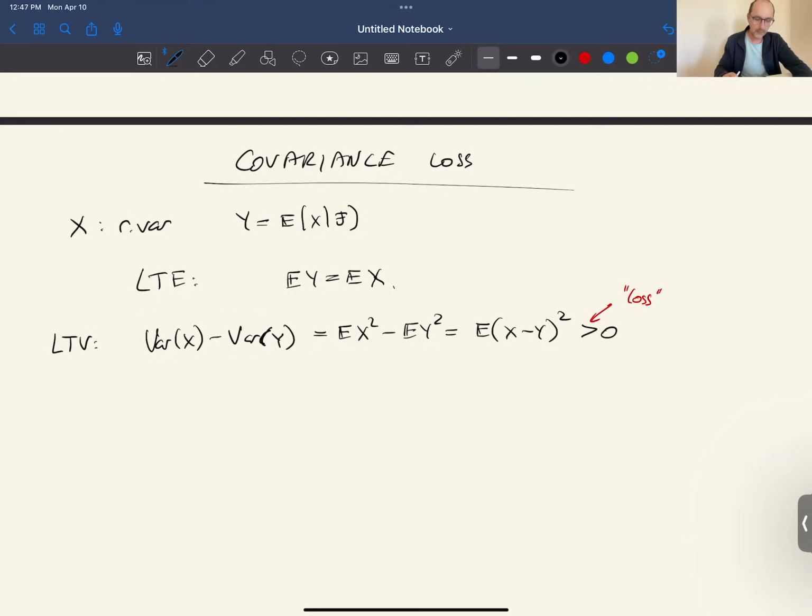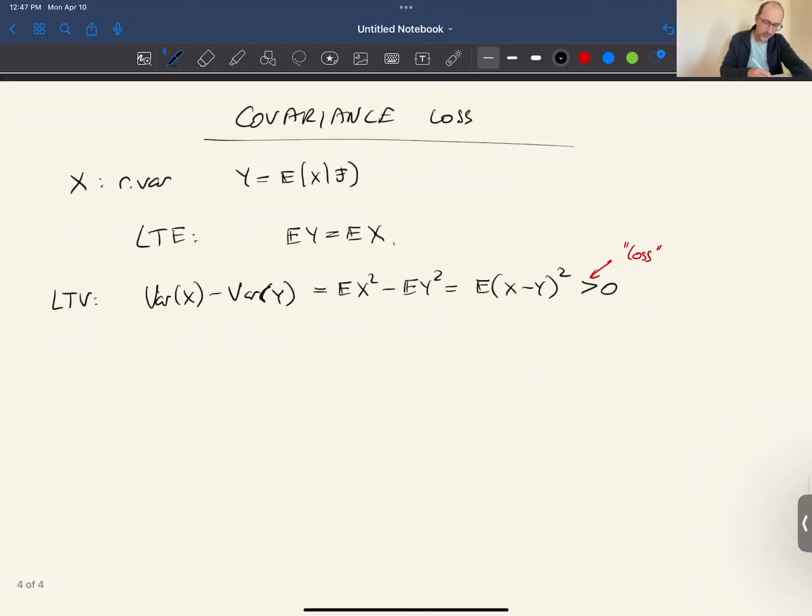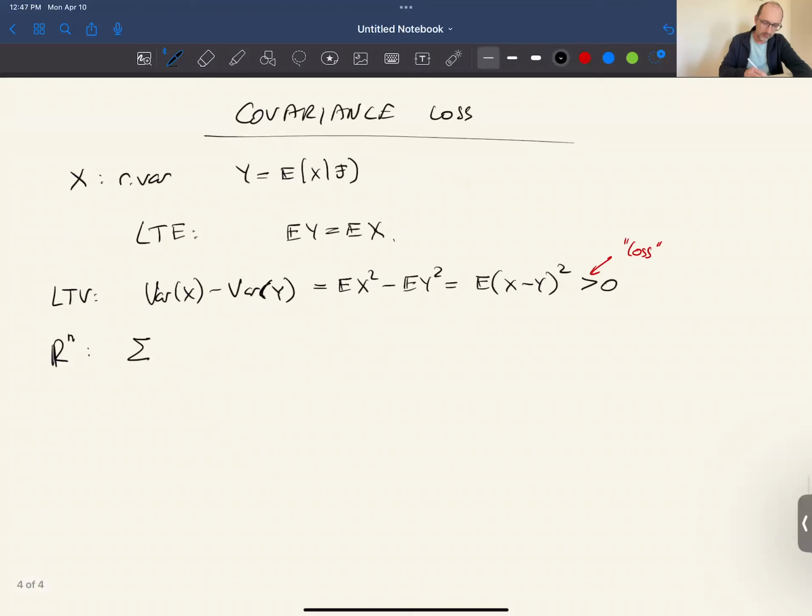All right. For random vectors, you can do the same thing. The law of total expectation holds, of course, but for the law of total variance there is some analog. What's the higher dimension version of variance? It's the covariance matrix. That's a proxy for the notion of variance, defined as the expected value of (X minus mean) squared, but in matrix terms.